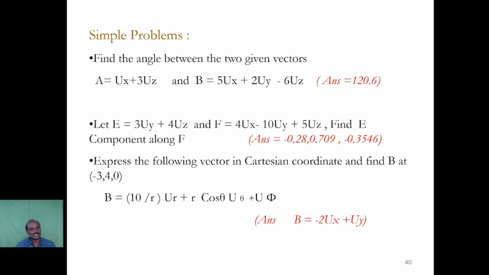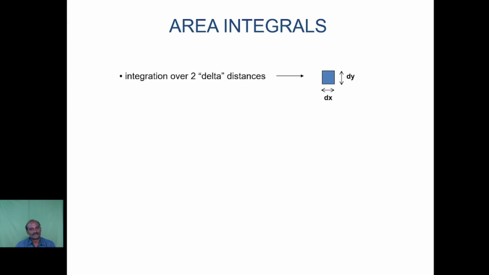There are some problems using which we can convert one coordinate system to another. Area integrals: integration over two differential distances is an area integral. For example, having x and y, you can find the area integral.